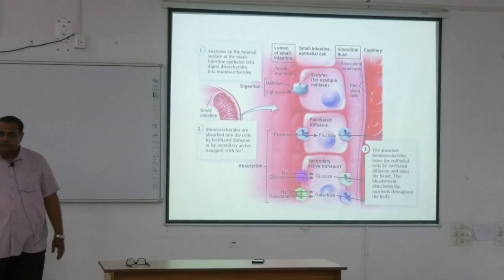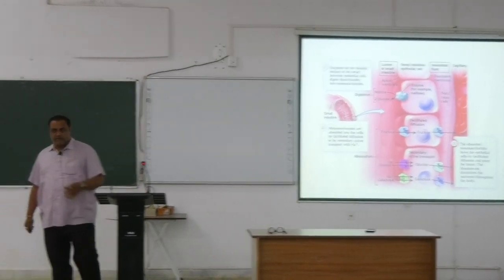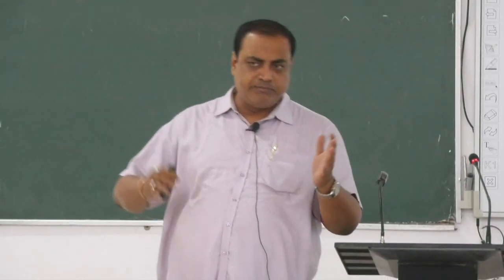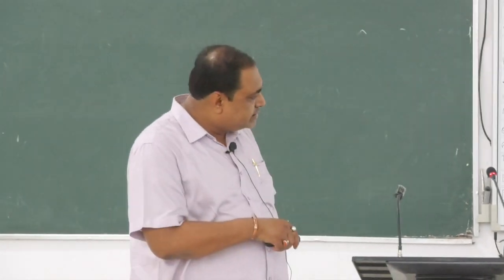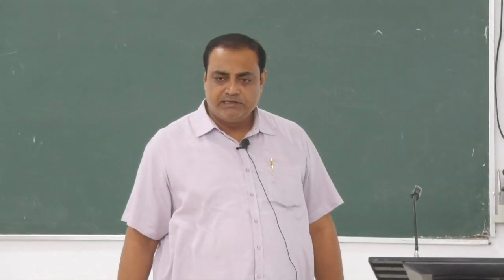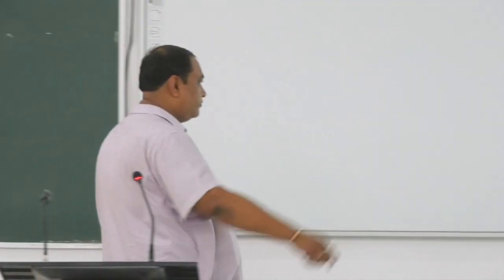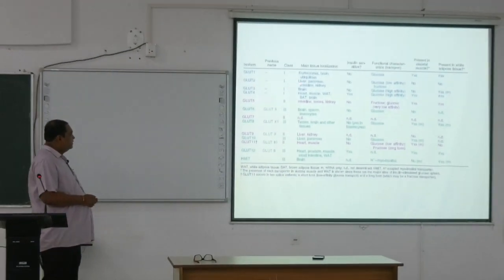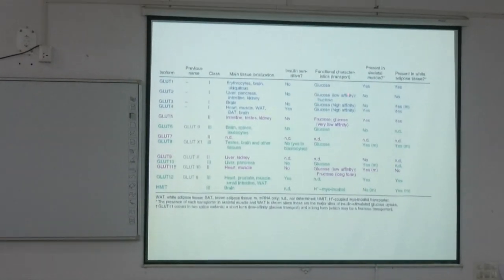The intestinal cell has two sides, the luminal side and the basal side. The luminal side faces the intestinal lumen. The basal side contains GLUT2, as do the liver, pancreas, intestine, kidney, etc.